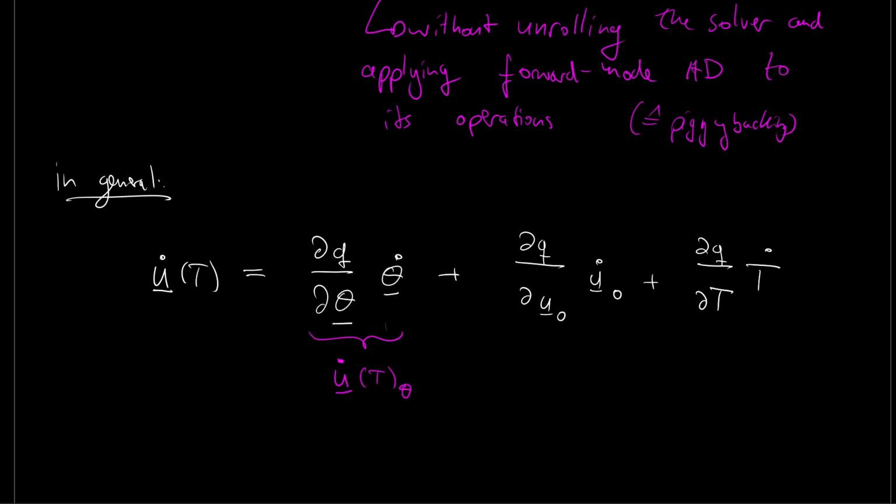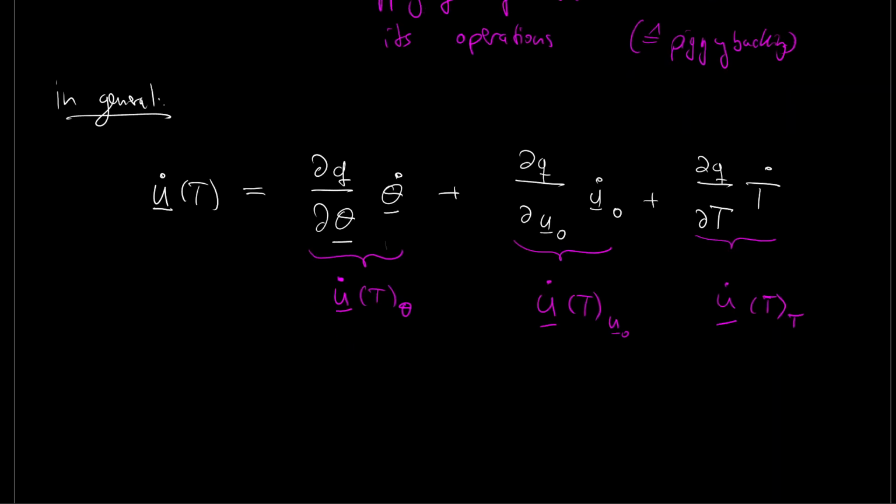Let me add the underscore here, and at certain points I will also drop the dependency on capital T in order to have it less cluttered. This will be the contribution to the tangent from the initial condition, and this will be the contribution to the tangent from the final time. I want to proceed by deriving each of the contributions individually, and then ultimately we can add them up.